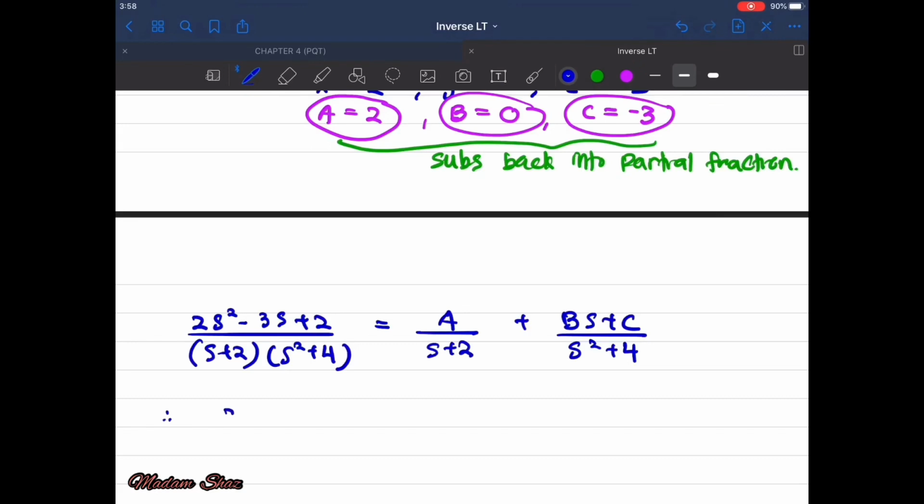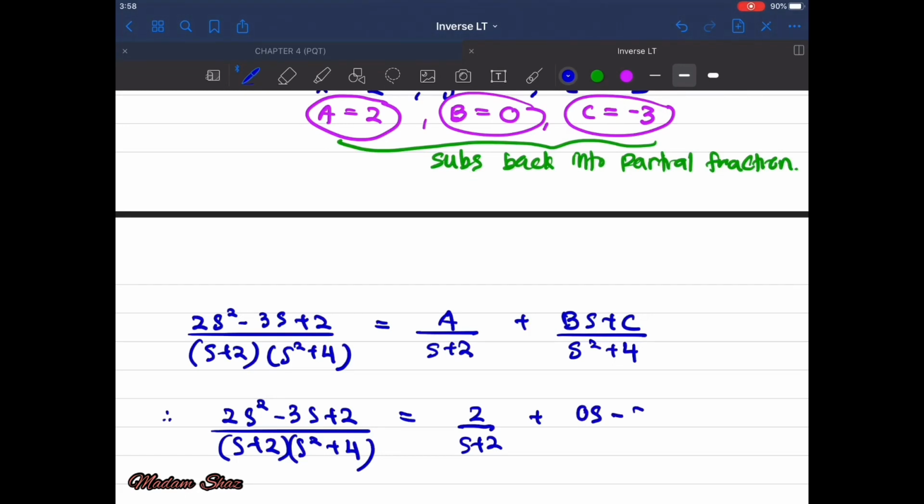So therefore, (2s squared minus 3s plus 2) divide with (s plus 2)(s squared plus 4) is equal to A will become 2 over s plus 2 plus B will become 0s minus 3 divide with s squared plus 4.